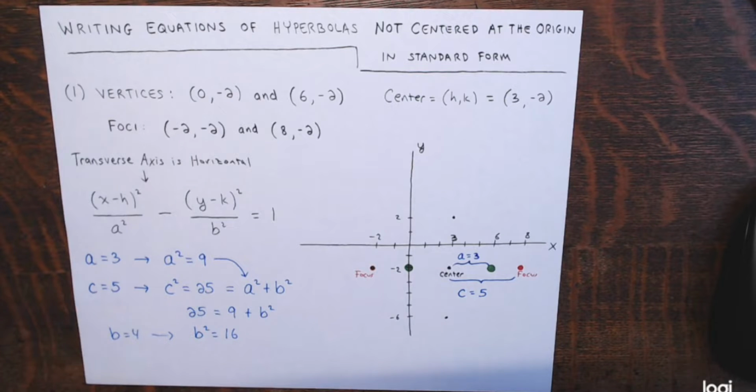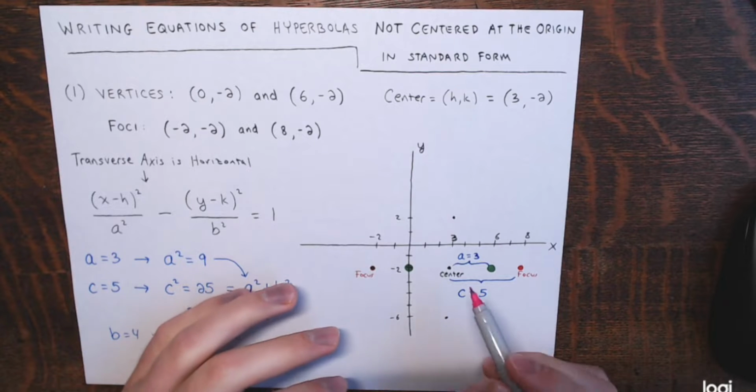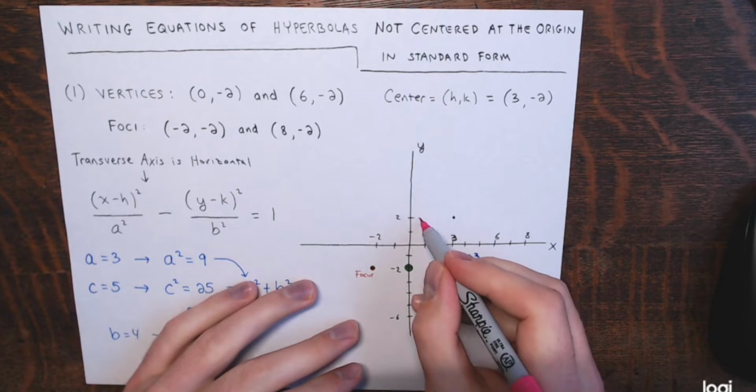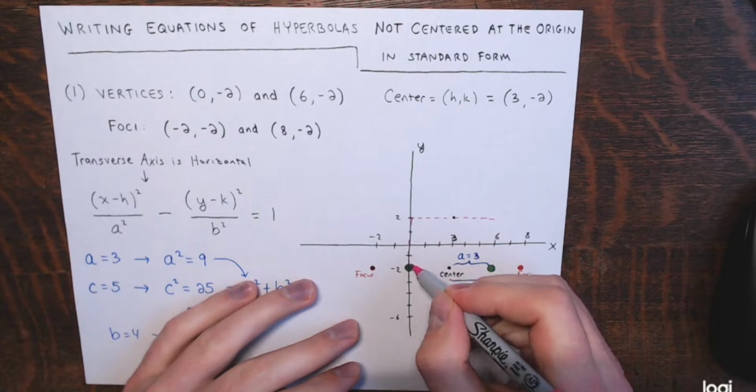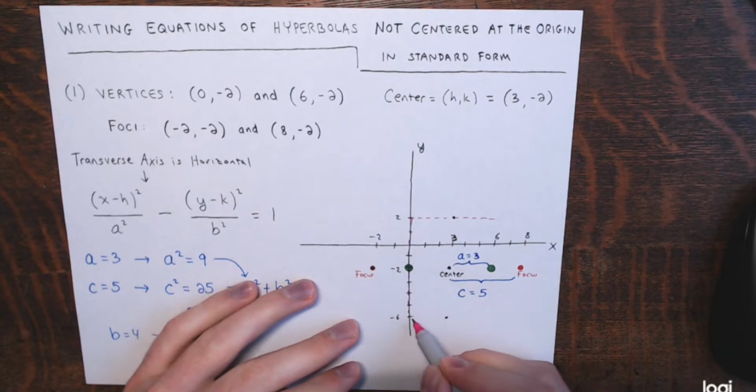The only points I have drawn so far that are actually on the hyperbola are the vertices, 0, negative 2, and 6, negative 2. But what I'm going to do is use the co-vertices and the vertices to create a little rectangle, a rectangle that contains these co-vertices and vertices.